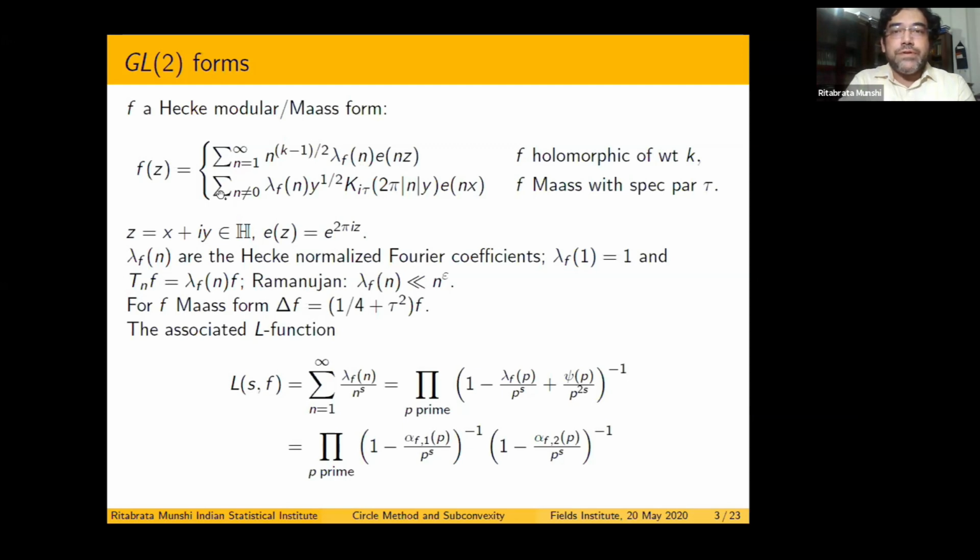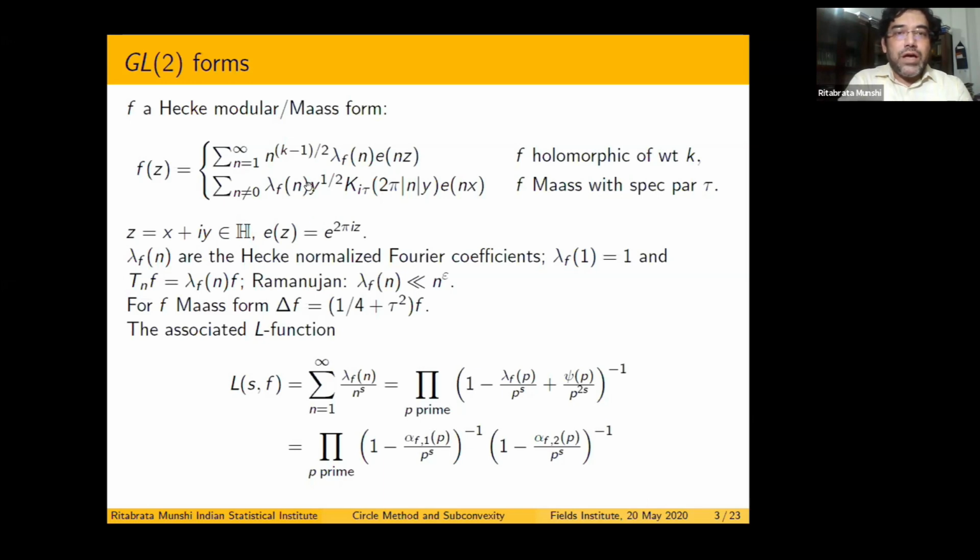And if f is a Maass form with spectral parameter tau, then it will have a Fourier expansion which will look like this, where K is the K-Bessel function. Here z = x + iy is a point in the upper half plane. So Maass forms and modular forms are functions on the upper half plane satisfying a certain transformation property with respect to some discrete subgroup of SL2(Z).